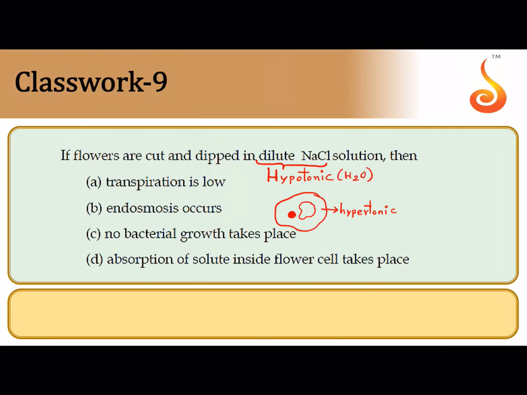Water will move from the outside to the inside, because water always flows from dilute solution to the cell sap, which is now concentrated. The cell sap is hypertonic in comparison to the outside fluid, and therefore water flows in. The inward diffusion of water molecules into the cell from the surroundings is referred to as endosmosis. So we say that endosmosis takes place.